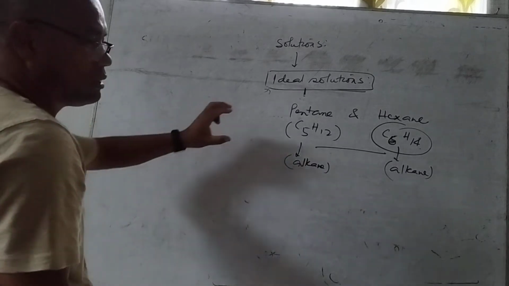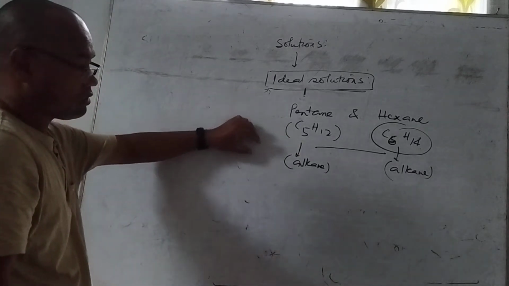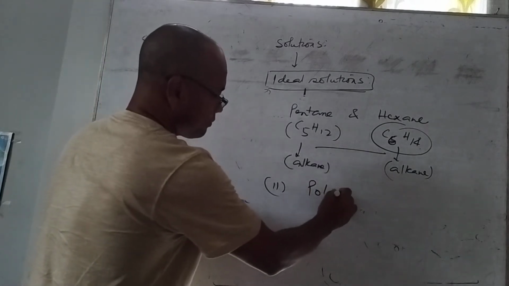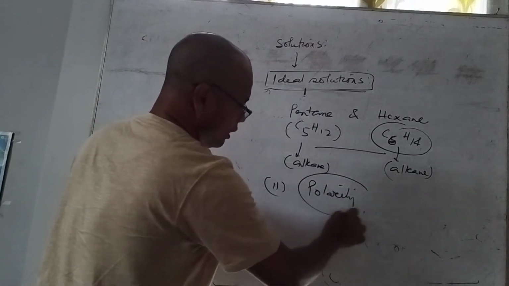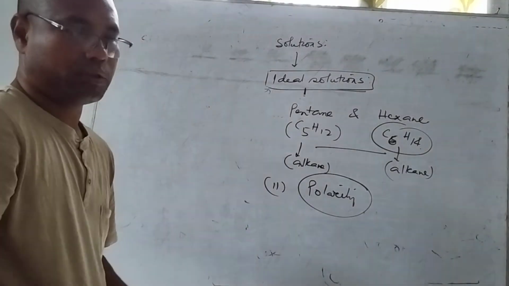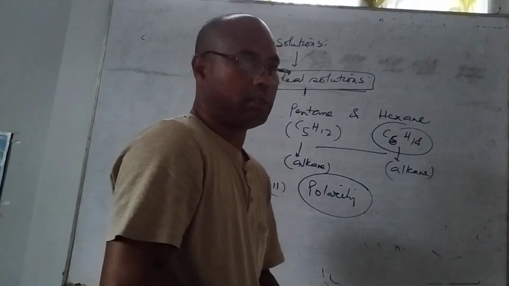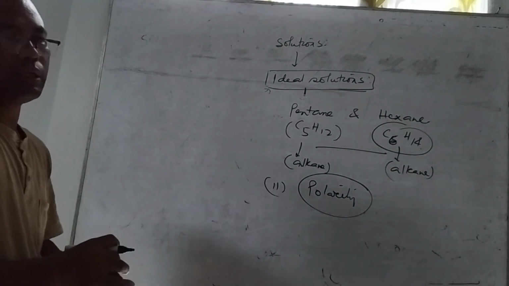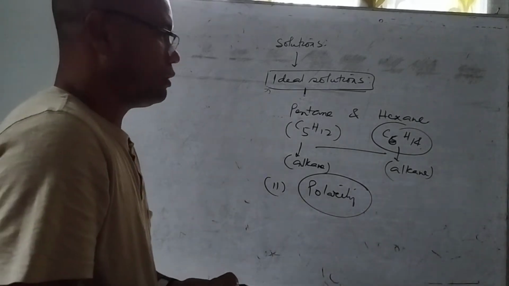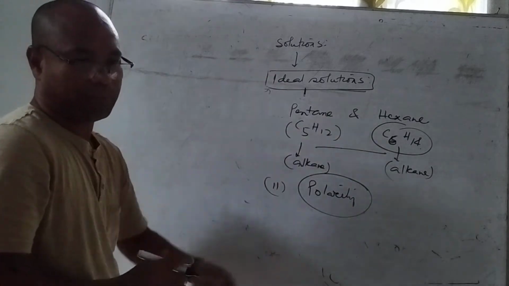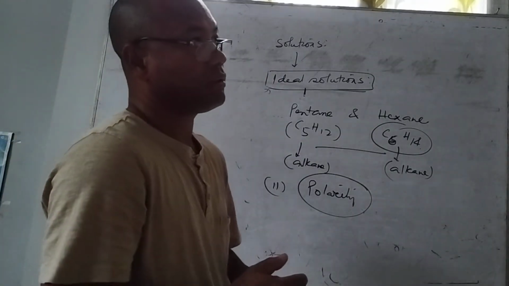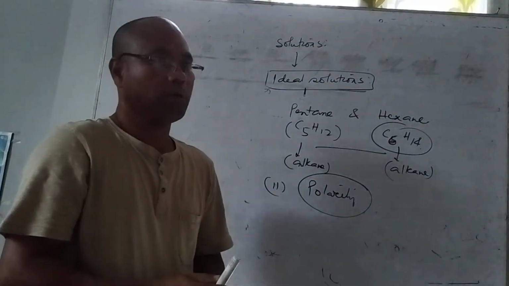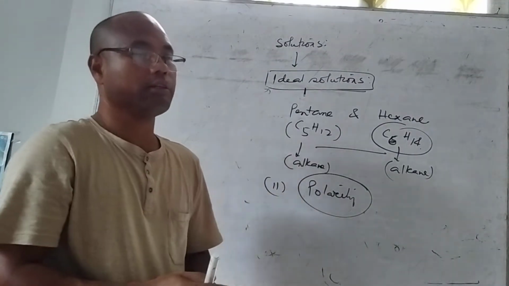Another case is similarity in structure, or you can say polarity. Polar solvents we can consider here. That type of mixture we can consider as an ideal solution. Many examples are there in this topic about solutions.